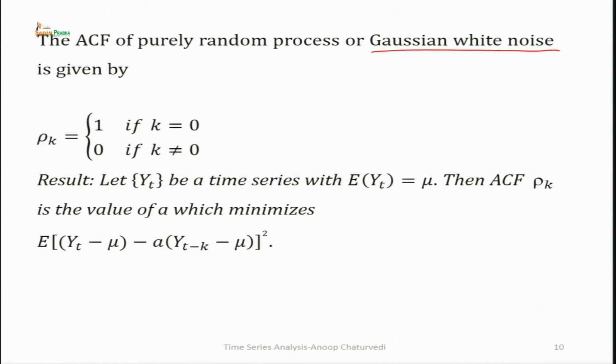But rho k is equal to, now a purely random process means it is just like the irregular component of the time series, the U t's are identically independently distributed, and since the U t's are independently distributed, they are uncorrelated. So, rho k is equal to 1 if k is equal to 0 and 0 for k not equal to 0.